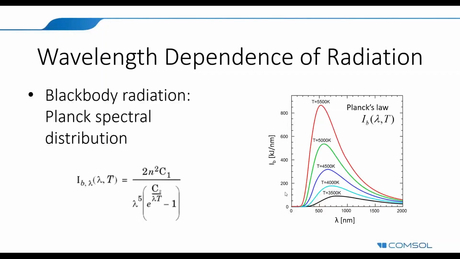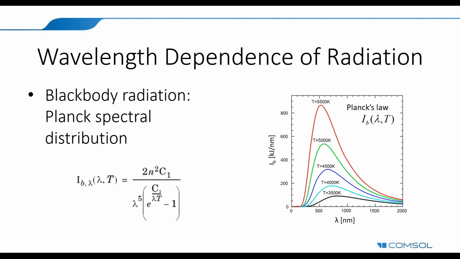A slightly theoretical slide here, just to recall that what we call thermal radiation is electromagnetic waves, and these electromagnetic waves have different wavelengths. And if we consider a black surface, it will emit radiative intensity at different intensities and wavelengths depending on the surface temperature.